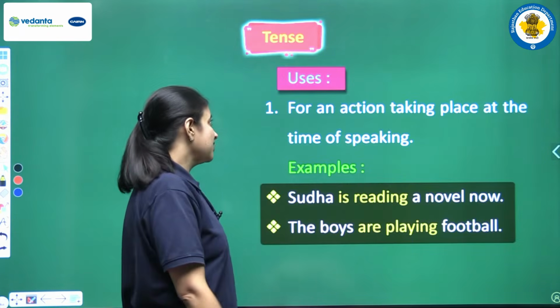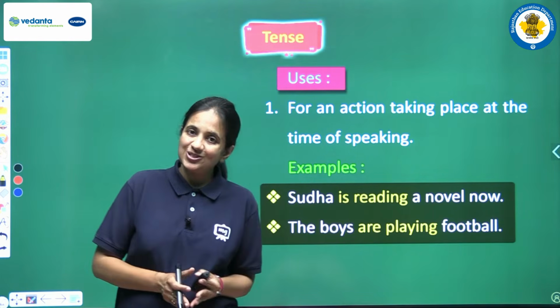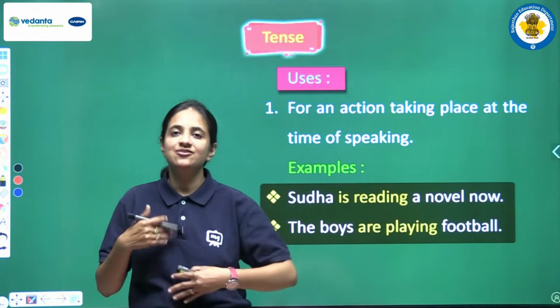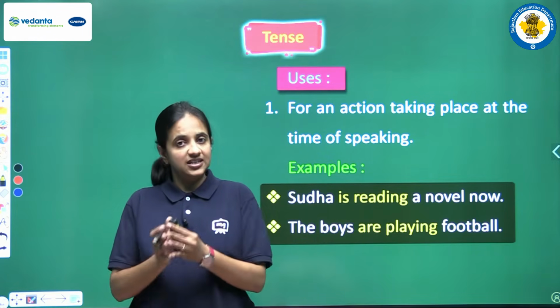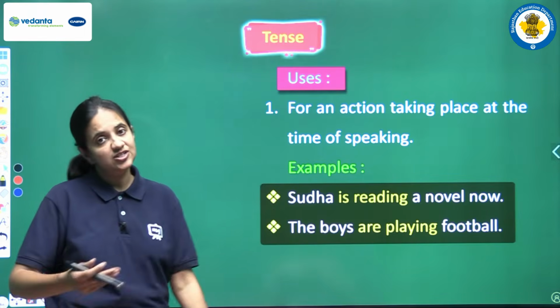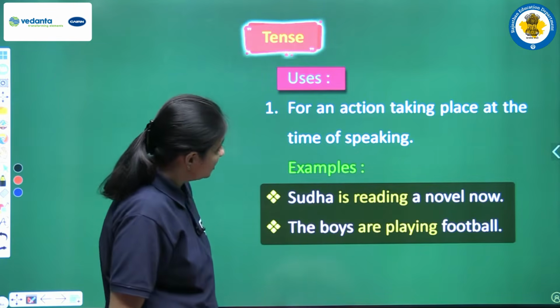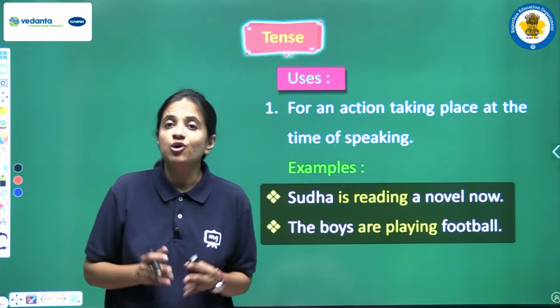Next, now we are talking about the uses, that is, what are the different kinds of sentences in which this tense, present continuous tense, is used. So let's see the first use of present continuous tense: for an action taking place at the time of speaking.